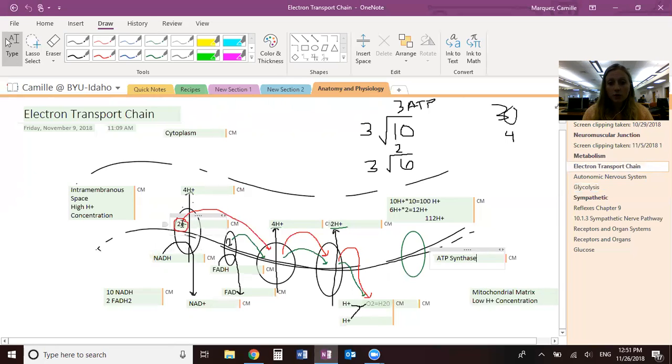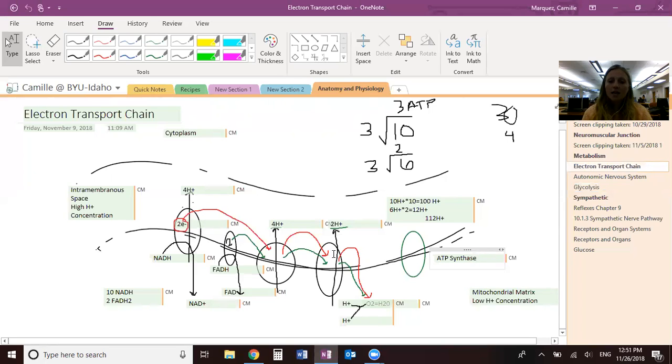So we're going to throw those 2 electrons from protein complex 1, and we're going to throw them to protein complex 3. At protein complex 3, we're also going to pump 4 hydrogens across. And then we are going to do that again. So we're going to throw the 2 electrons from 3 to 4, and at 4 you also pump 2 hydrogens across.